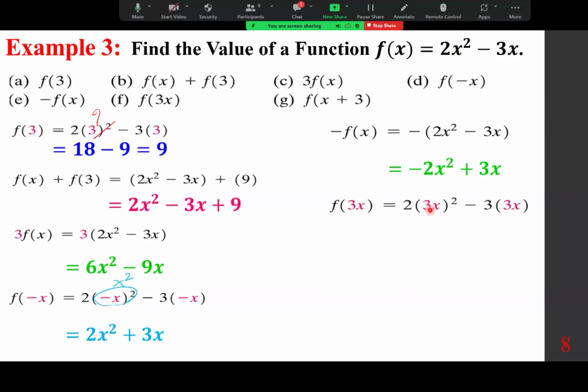So this one becomes 3x to the second power, and this one just changes to 3x. As you know, this is 9x squared. With the 2, the product is 18x squared, and these 2 minus 9x.